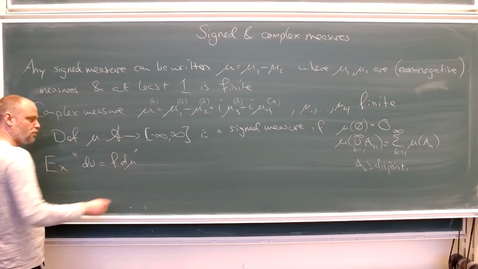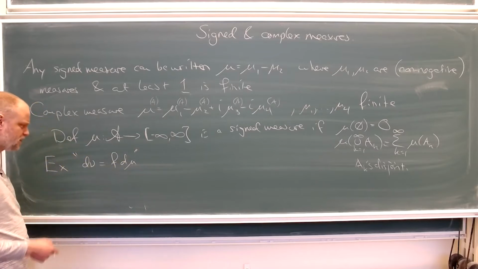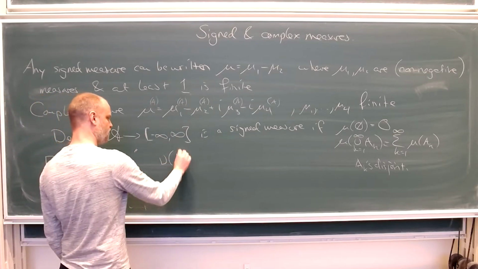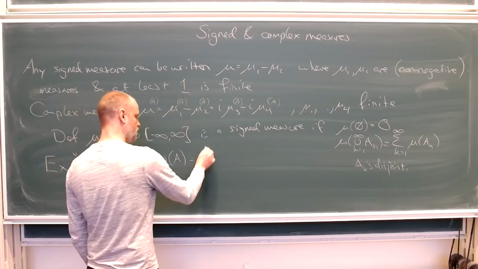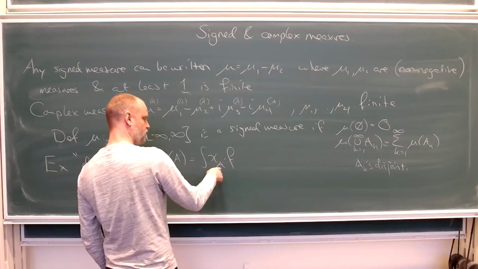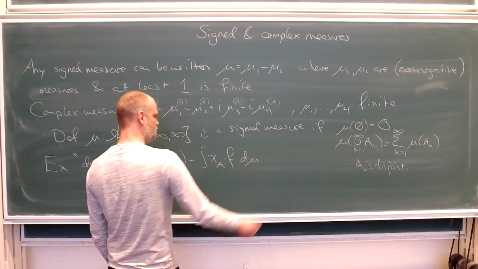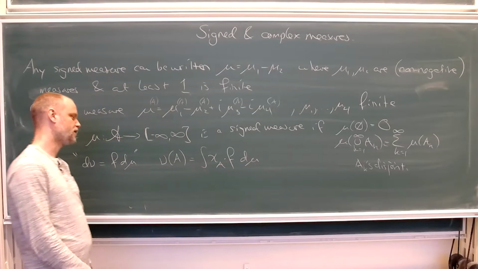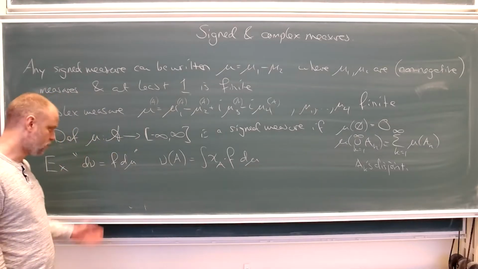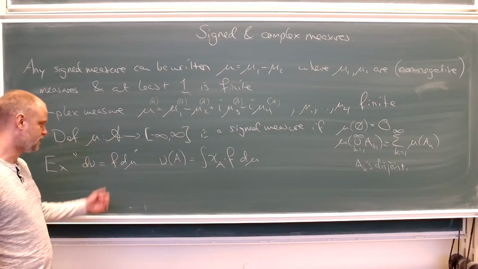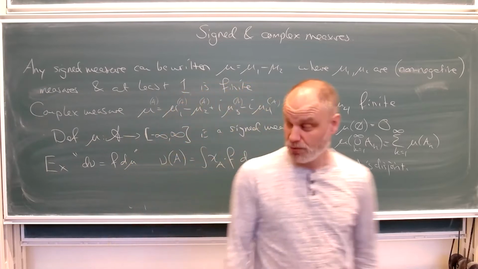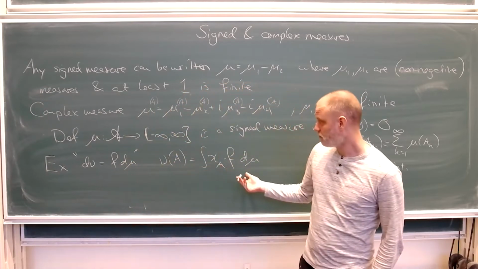This is a bit of a sloppy way, and I don't like it, there's no good notation here really, but what this really means is you define the new measure nu by integrating the characteristic function of A times f d mu, or we can put A down here, right? So this we worked with before in 2.6 in the book. We had this, and then we required f to be a non-negative function. But of course, that's a stupid restriction.